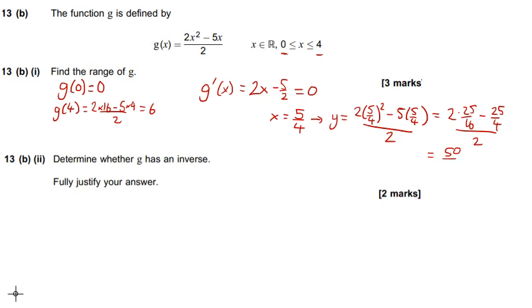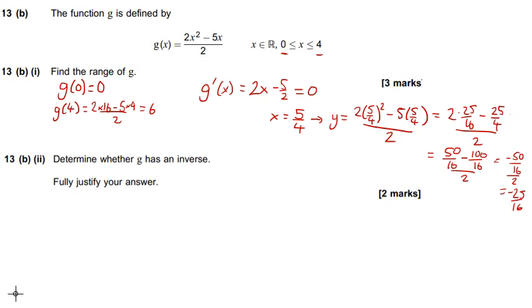So that's 50 over 16 minus, multiply by 4 there, 100 over 16 divided by 2, minus 50 over 16 over 2, so that's minus 25 over 16.